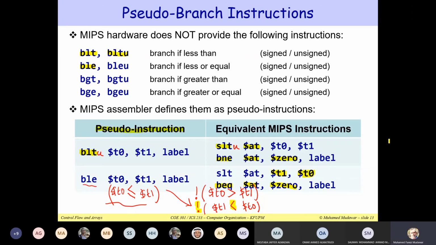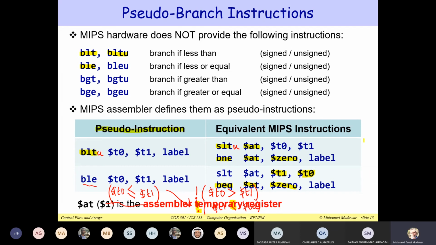So we can always define these branch instructions in the assembler without the need to define them in the hardware. It's enough to have the set less than, branch if equal, and branch not equal to implement any one of these branches. So we can always have a sequence of 2 instructions for any one of these branch pseudo instructions.